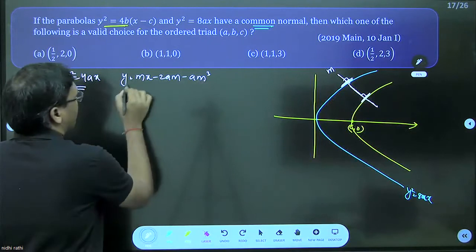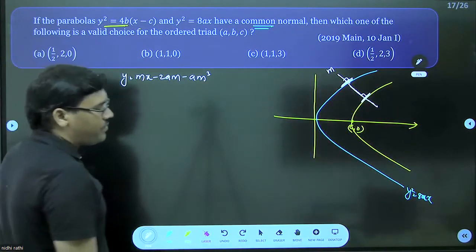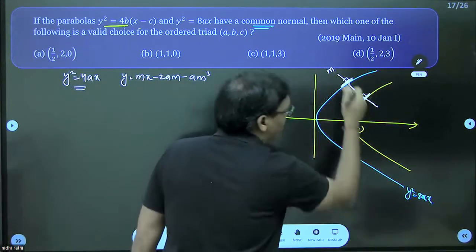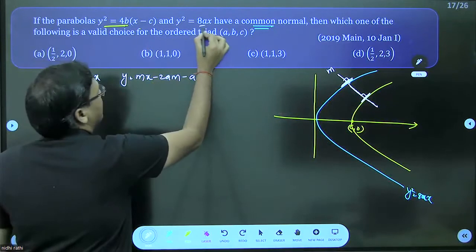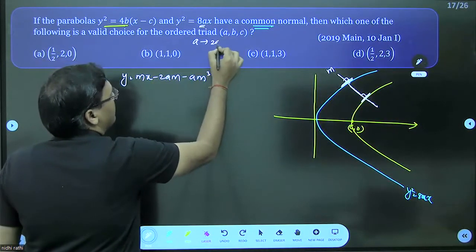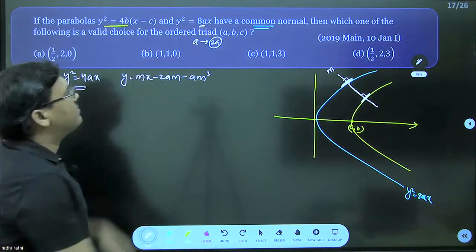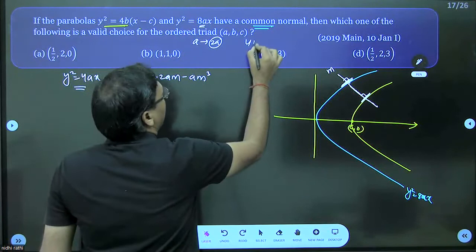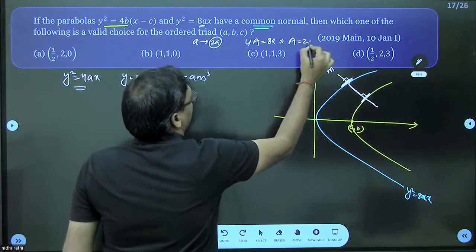This is the equation of normal with slope m to the parabola y square equal to 4ax. Now see, what is the equation of normal with slope m to y square equal to 8ax? Basically, here we have 8a, so the a for this is basically 2a, correct? 4a is equal to 8a, that is a is equal to 2a.